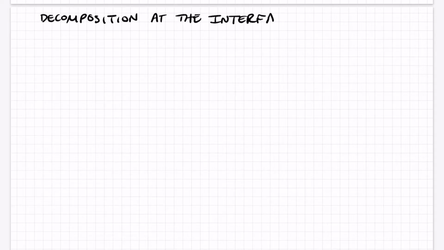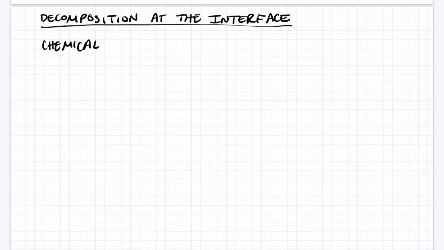So here, when we talk about chemical decomposition at the interface, we want to go back and understand what is the driving force for the decomposition, and it comes down to the thermodynamics, but also kinetics if you're going to nanostructure these materials.